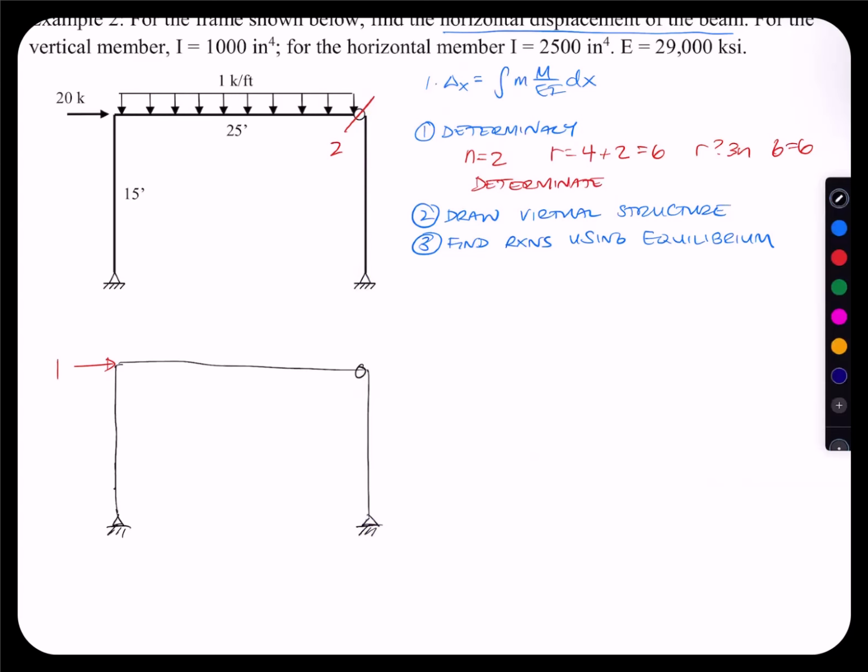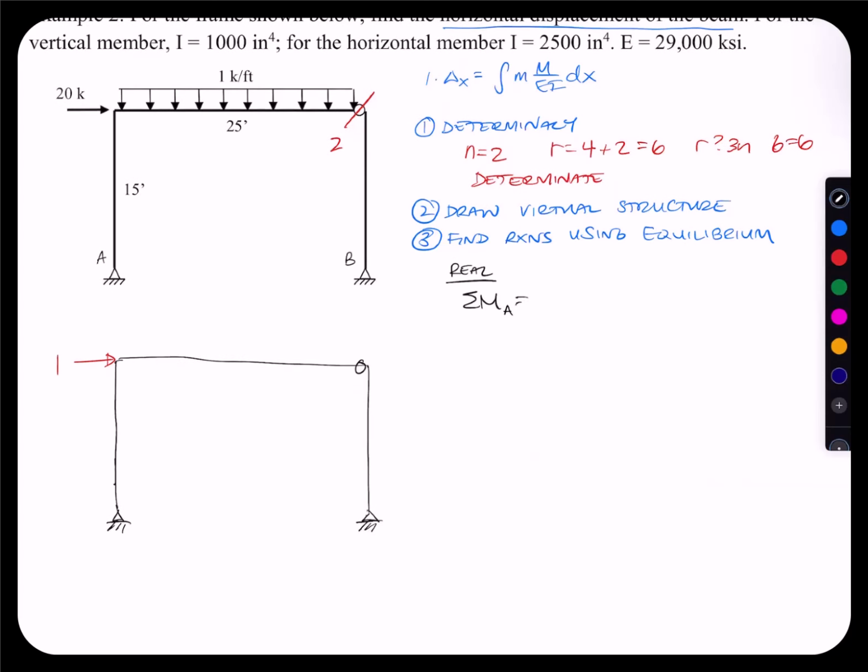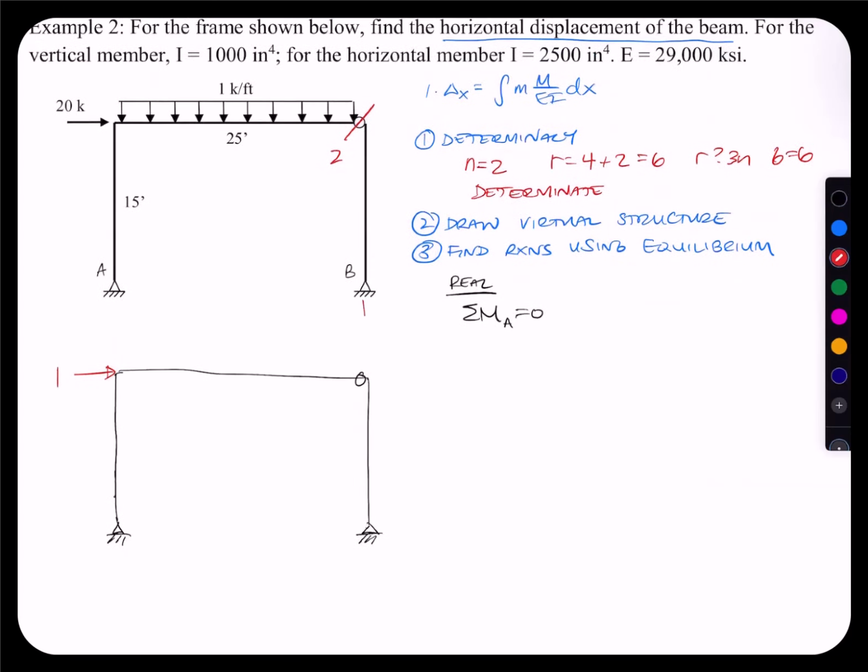So the first thing I'm going to do is, for the real structure, sum of the moments about A, call this A and B, to find the vertical. So if I take a moment about this point, I have 20 times 15 clockwise plus 1 times 25 times 12.5 clockwise plus BY times 25 equals 0.